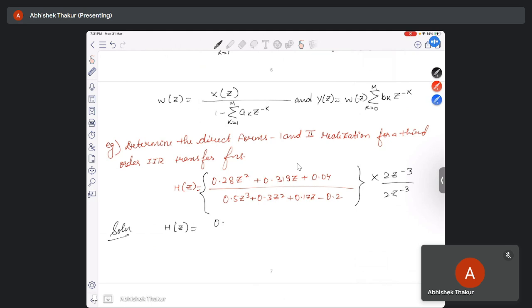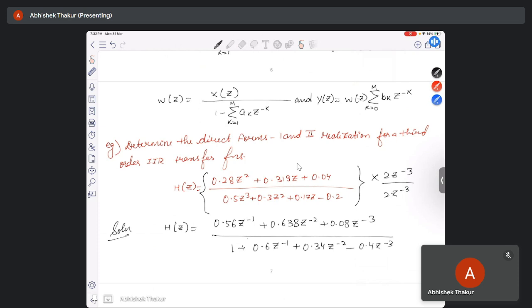We will get 0.56 z inverse plus 0.638 z to the power of minus 2 plus 0.08 z to the power of minus 3, divided by 1 plus, as we have multiplied with 2 into z to the power of minus 3, 0.6 z inverse plus 0.34 z to the power of minus 2 minus, again multiplied with 2, 0.4 z to the power of minus 3.